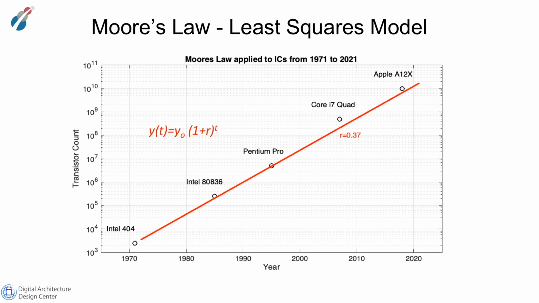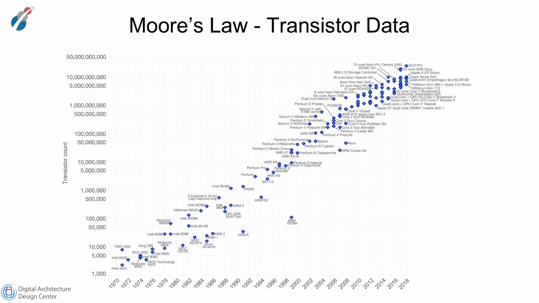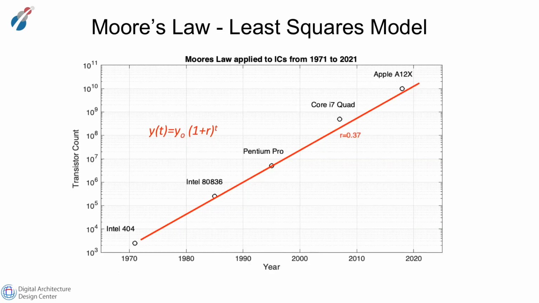And it has been 37% per year, as you can see, for the last 50 years or so. That's absolutely remarkable. And the way that it was maintained, if you go back to this chart, is that we went from single core to multi-core processors. So modularization and parallelization allowed us to stay on this curve.